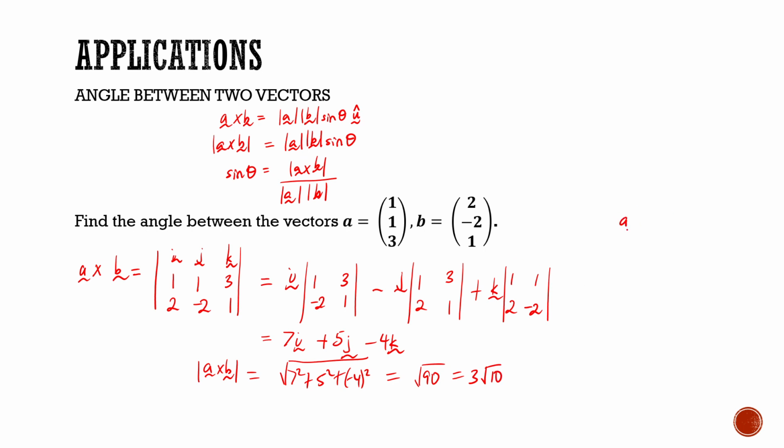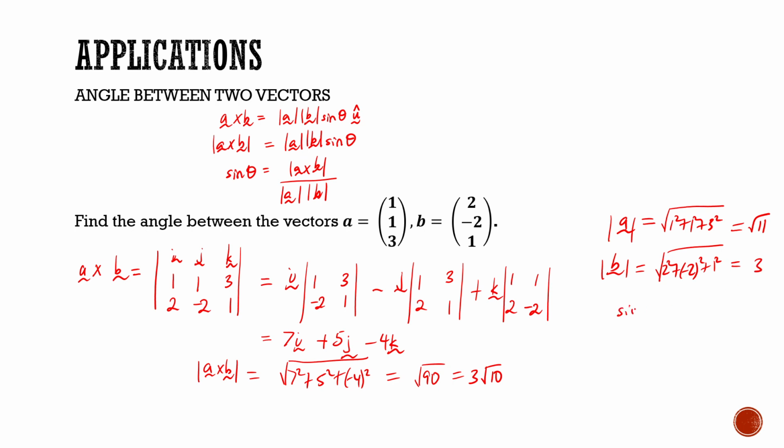Okay, so we go ahead and find the magnitude of A. Magnitude of A is going to be the square root of 1 squared plus 1 squared plus 3 squared, which is square root of 11. And then the magnitude of B is going to be the square root of 2 squared plus minus 2 all squared plus 1 squared, which is just 3.